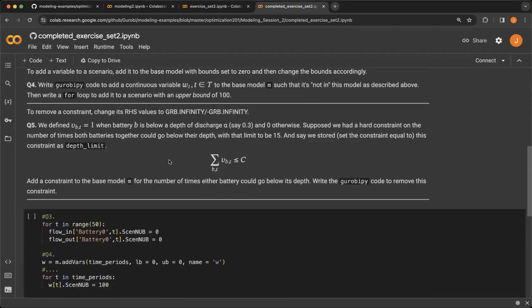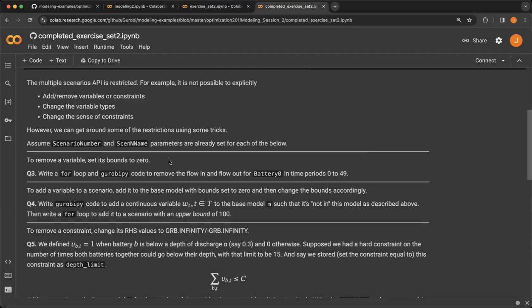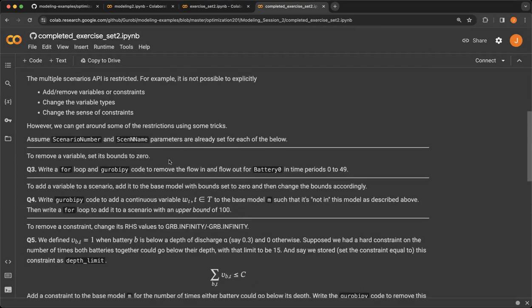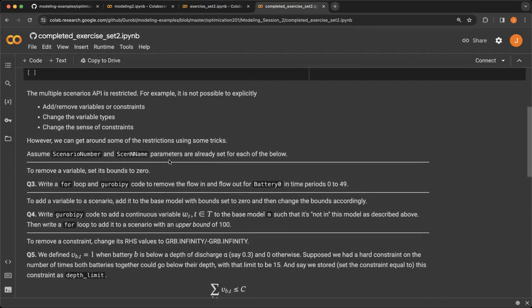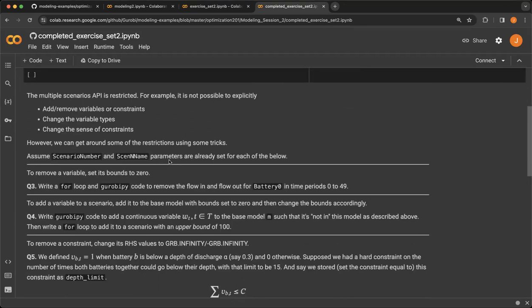So I put all the code down here instead of blocking it off. The rest of the questions are talking about some tips and tricks for what you can and can't do with the multi-scenario API. For example, you cannot explicitly say this variable is now in this scenario and this one's out.